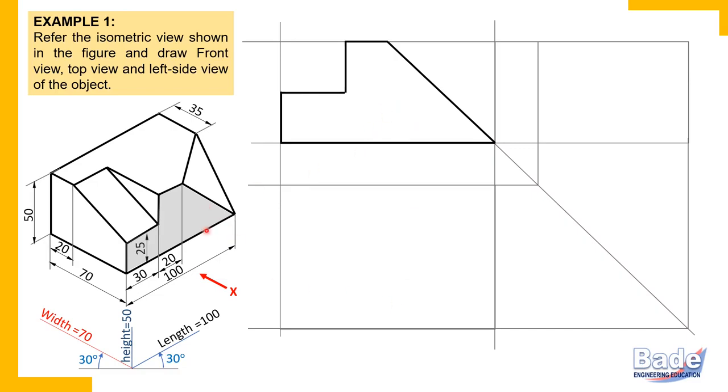Now this surface is the front surface, and this is front side. Front, back, right, left. We have studied it in the first video on orthographic projections. Okay.